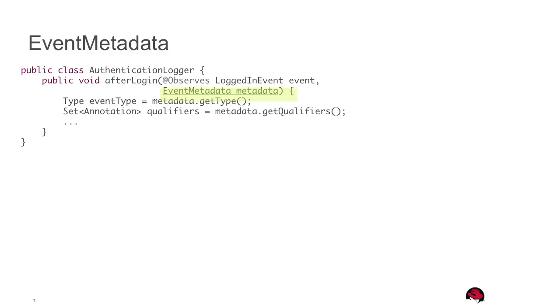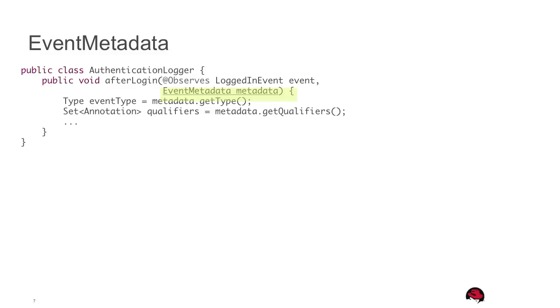But CDI has a very nice API where you can do the whole thing inside the programming model very neatly. But of course, when you want to start to bridge these two models, you need to know quite a lot about the way in which the event system works. So by adding in the event metadata object, we are able to give integrators a lot more insight into the way in which the event was fired and lots of metadata about the event.